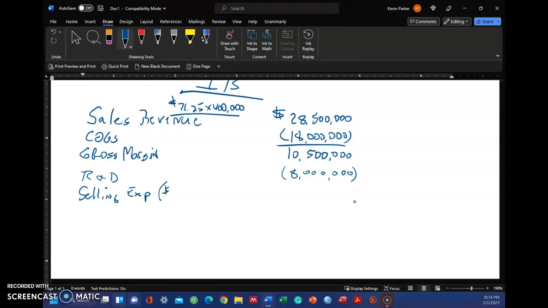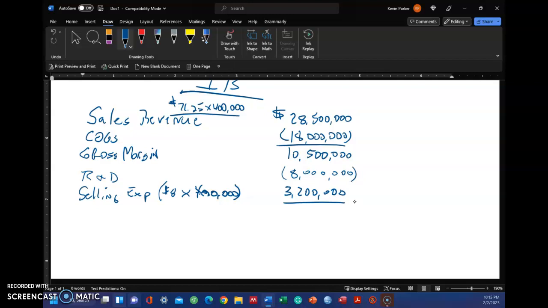And we haven't done this one yet, so let's do it. 8 times the number sold, not made. Not made. So $8 times 400,000 is 3.2 million. Okay.